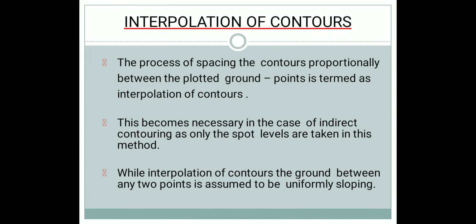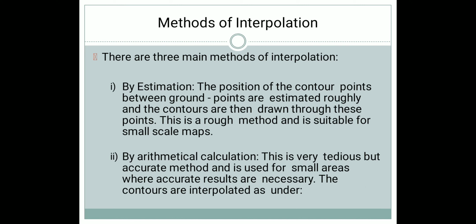Next, interpolation of contours. The process of spacing the contours proportionately between the plotted ground points is termed interpolation. This becomes necessary in the case of direct contouring and in the case of indirect contouring, as only the spot levels are taken in this method. While interpolating contours, the ground between any two points is assumed to be uniformly sloping. What are the methods of interpolation?